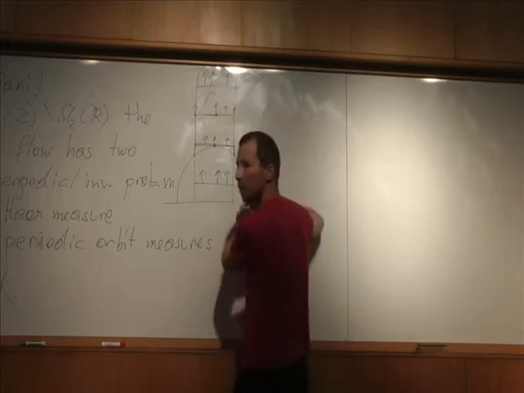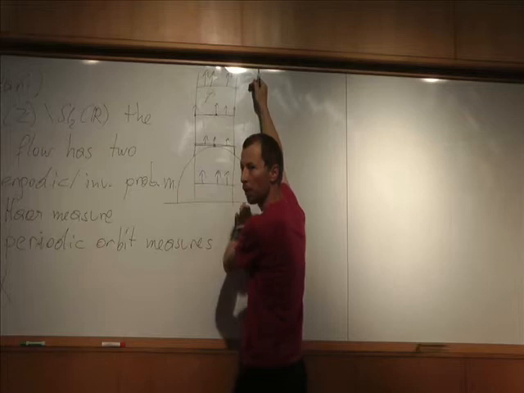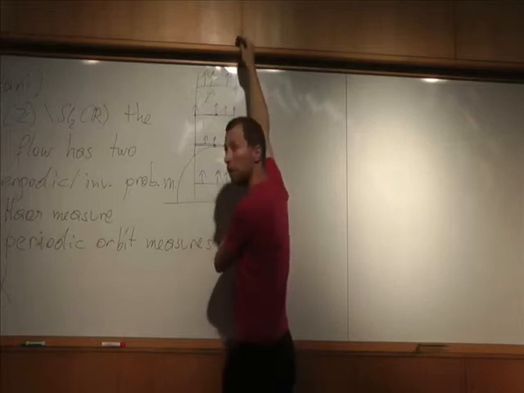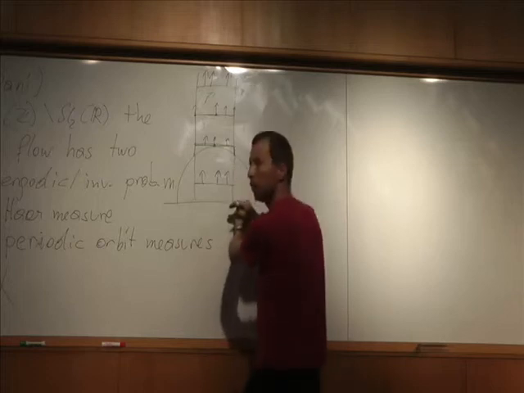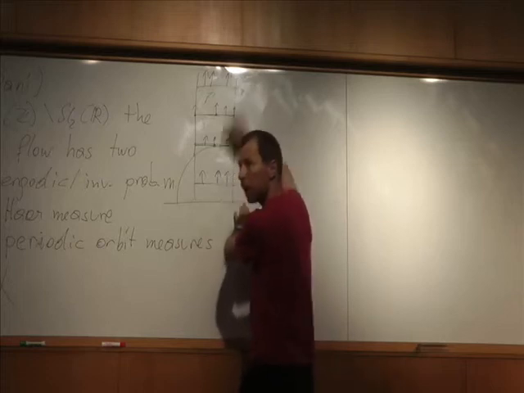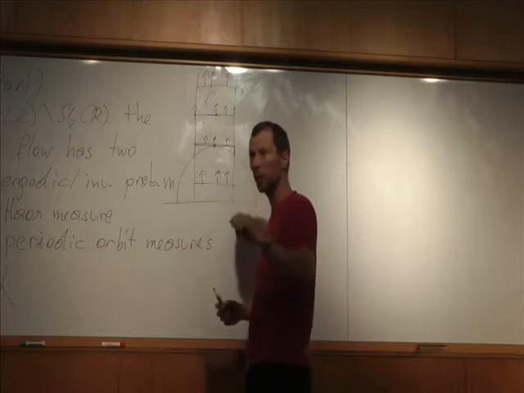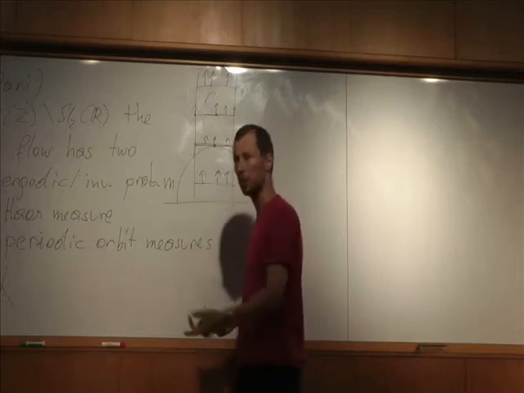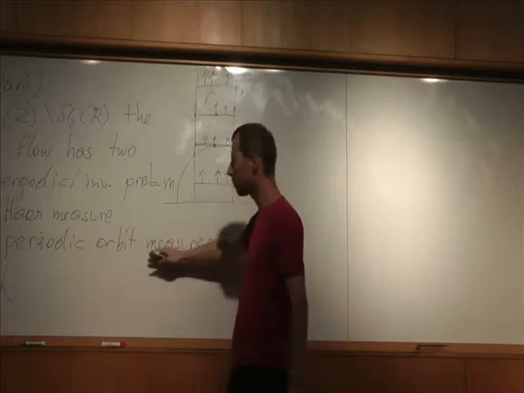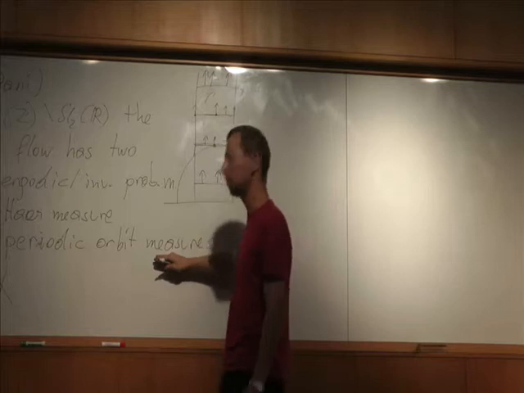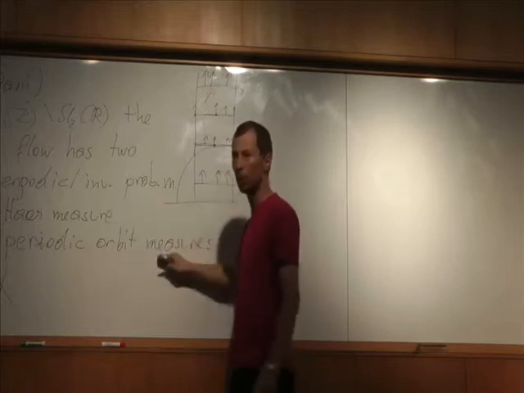It's a one-to-one correspondence with the y-coordinate of the periodic orbit. So you can make the periodic orbit shorter by going up, or you can make it longer by going down. And you have a one-parameter family of periodic orbits. If you have two cusps, whatever that means, you would have two such families of periodic orbits. But it would still be that statement that your ergodic invariant probability measures are Haar measure, comma, periodic orbit measures.